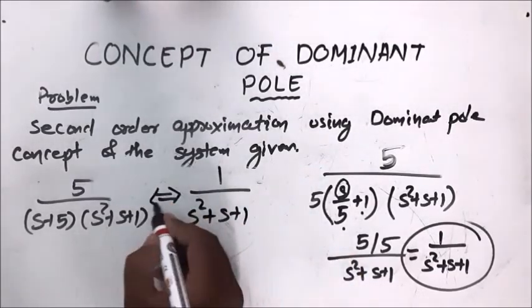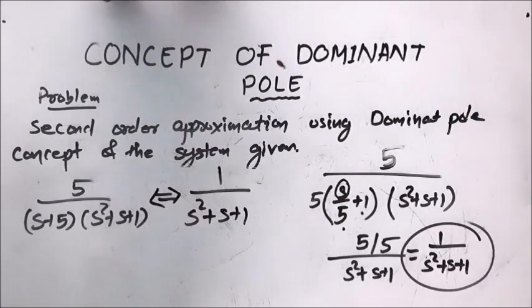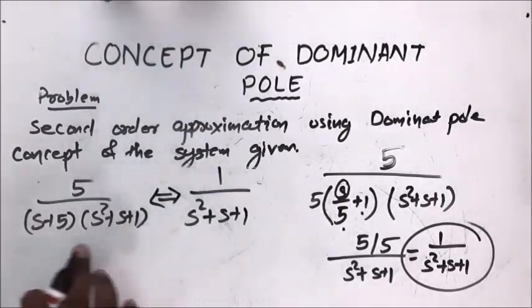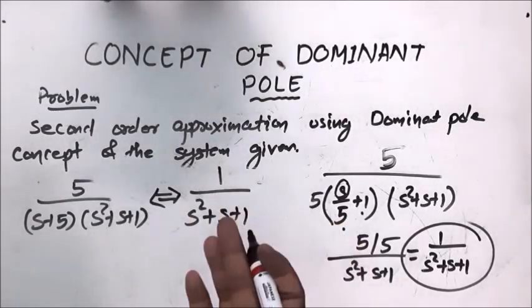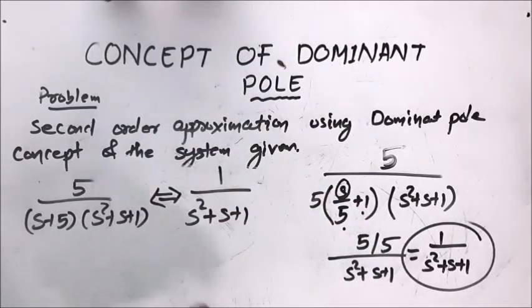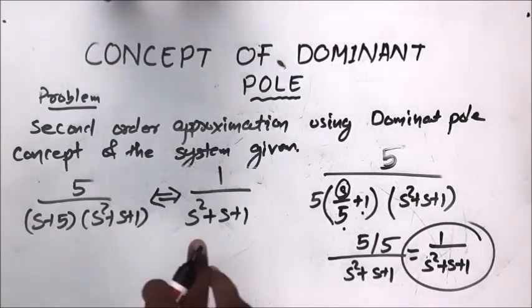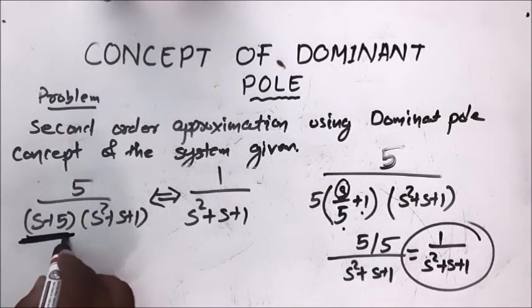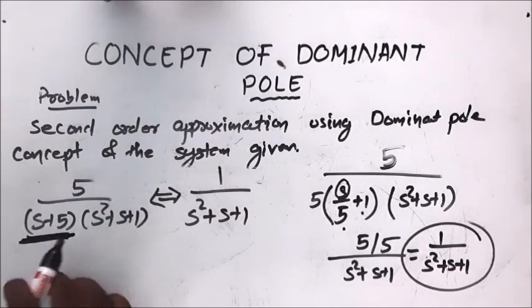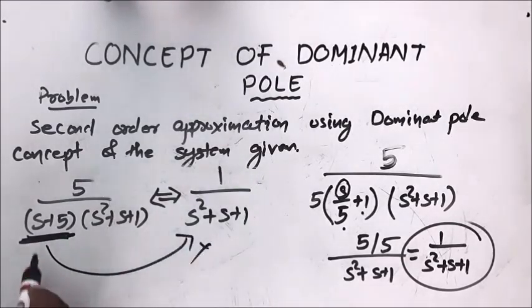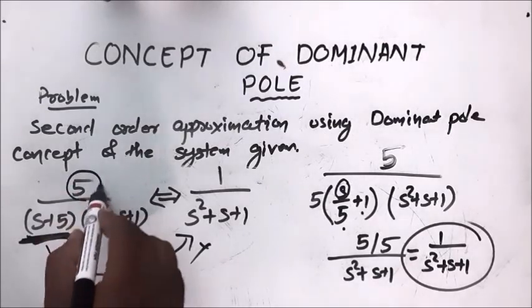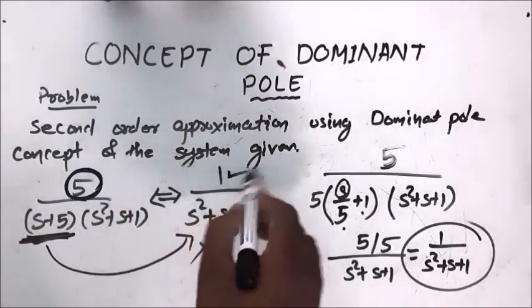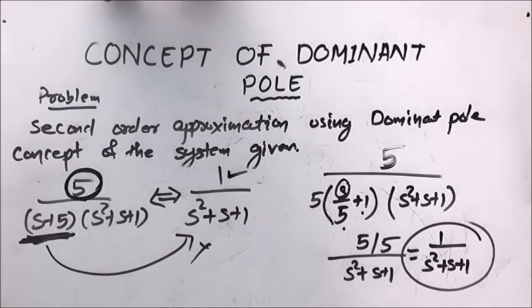If you try to simulate these two functions, you get approximately the same response, not exact but approximately the same. You can see that when I remove this insignificant pole, it is not appearing here. There is a change in gain, and the gain changes to 1. So remember how to do this kind of problem if someone asks in a competitive examination.